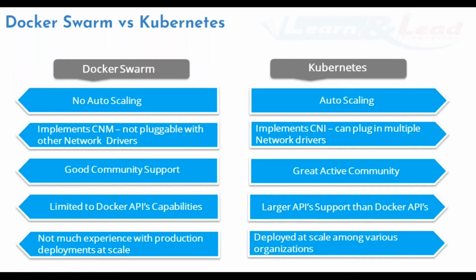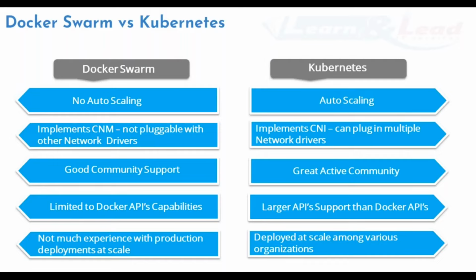Docker Swarm comes with default networking drivers installed in the cluster. Kubernetes does not come with a default networking solution, but it implements something called the Container Networking Interface, where you could plug in various networking solutions, whichever is required based on the features you would like.